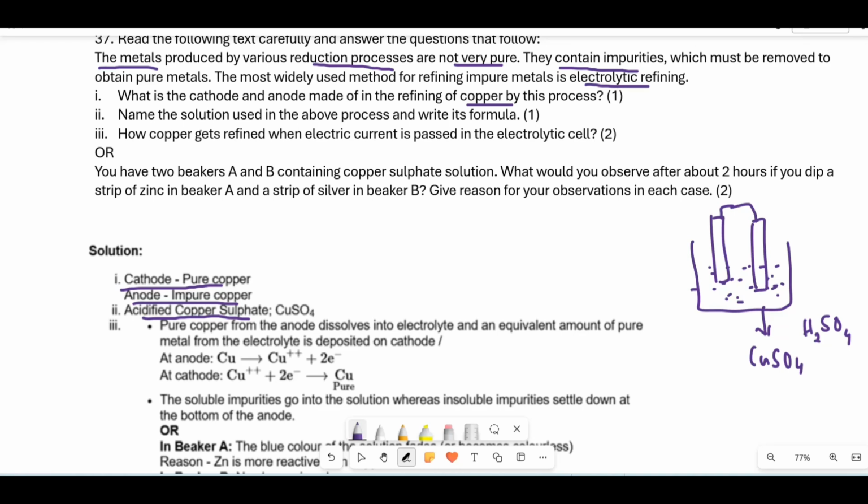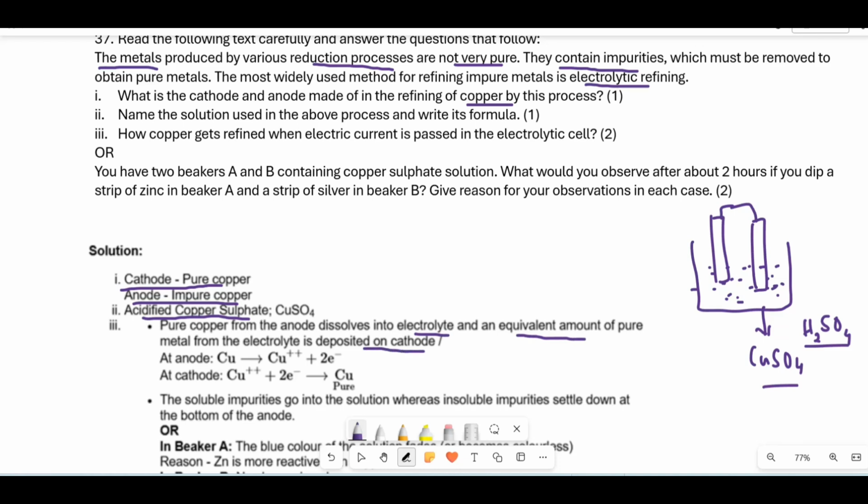Name the solution used in the above process and write its formula. Solution used here is acidified copper sulfate solution, and the formula is CuSO4. How does copper get refined when electric current is passed in the electrolytic cell? Pure copper from the anode dissolves into the electrolyte, and an equivalent amount of pure metal from the electrolyte is deposited on the cathode.